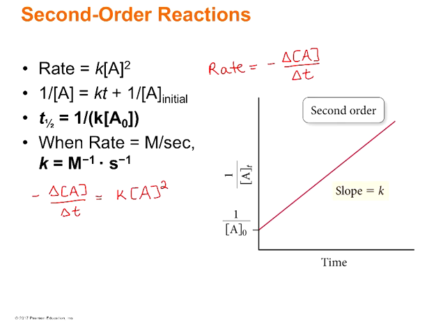So this is a little more complex. If we rearrange this, we end up with 1 over the concentration of A squared times dA. And then we'll set that equal to negative K times dt there. And we're going to integrate both sides again.